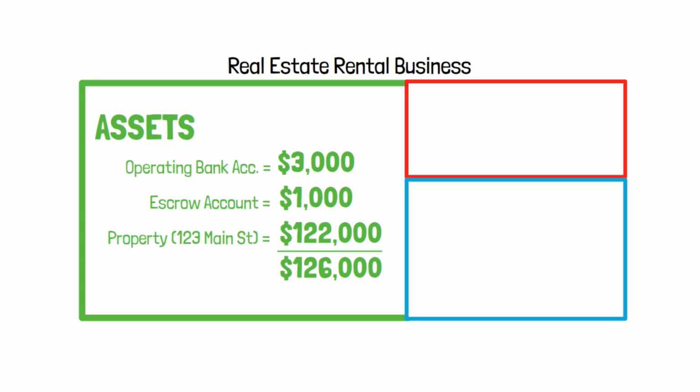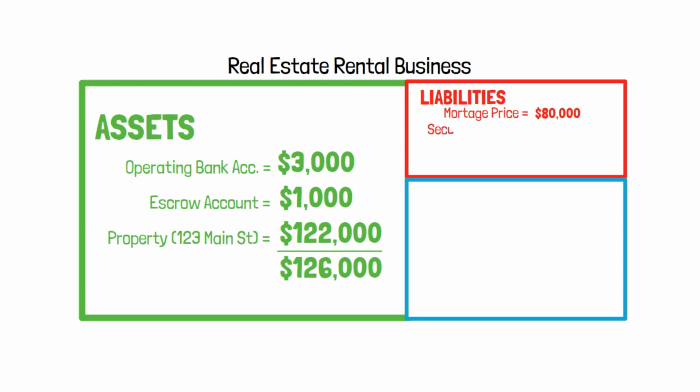Looking on the right-hand side of the balance sheet, we record the liabilities of the business in no particular order, starting with the mortgage principal that you took on in order to acquire the property at 123 Main Street at a value of $80,000.